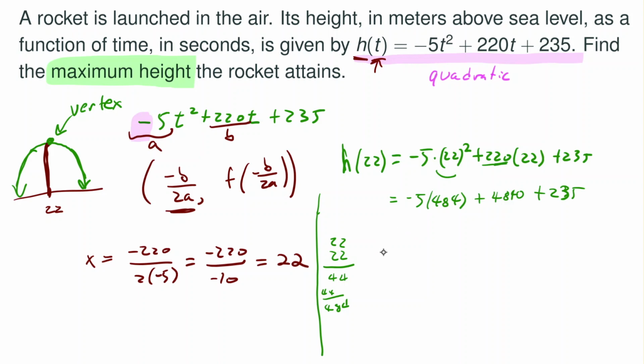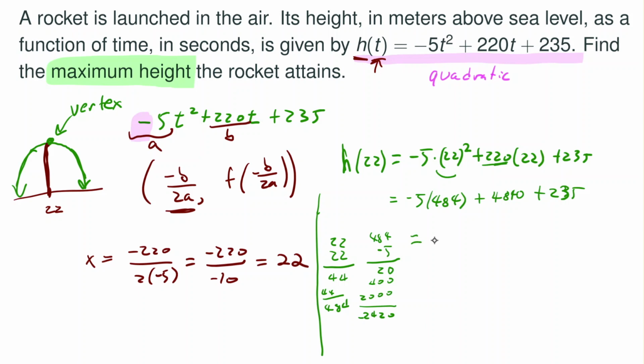So let's do 5 times 484, multiplied by negative 5, right? Which is 20, 400, and what is that? 2000. So we have negative 2420.